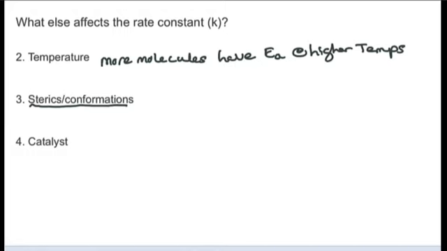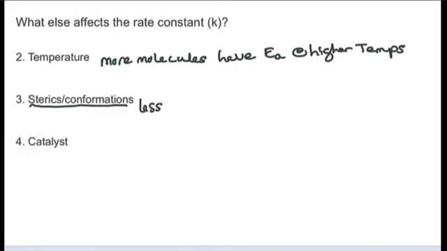So we've been talking a lot about how molecules can rotate about their bonds. When we talk about Newman projections, we've talked about different conformations of cyclohexane chairs and how rings can pucker and bend in order to form a more stable conformation. And so if the less stable conformation is reactive, then the molecule spends less time in this conformation.